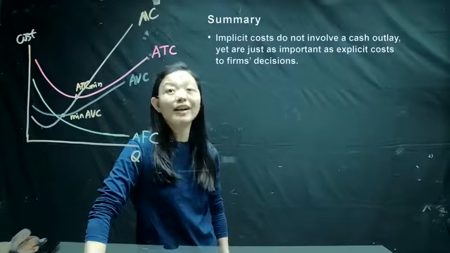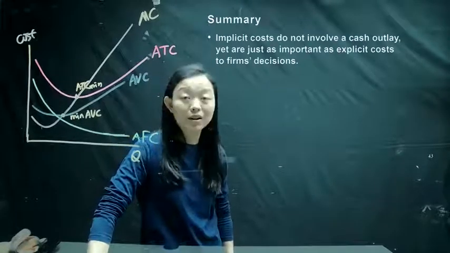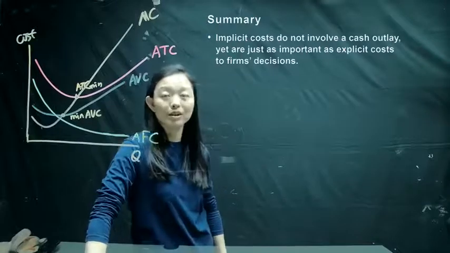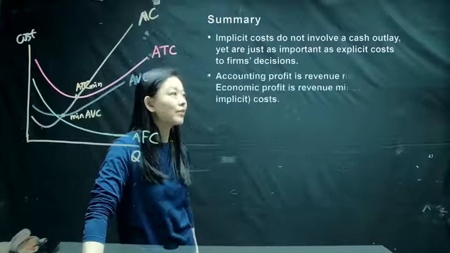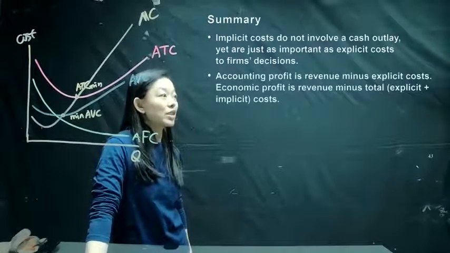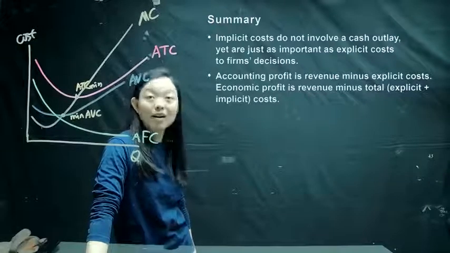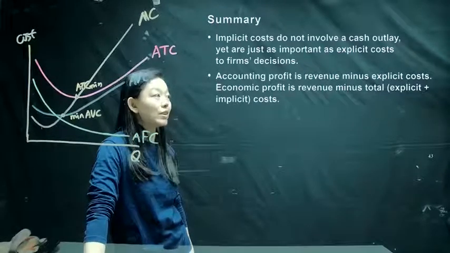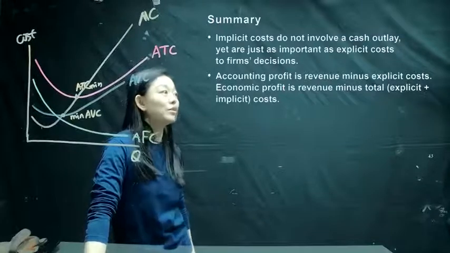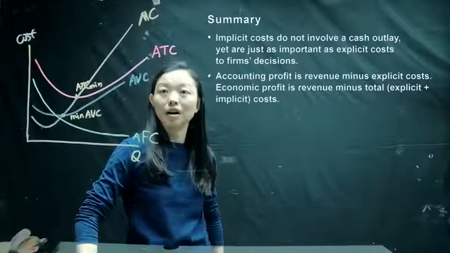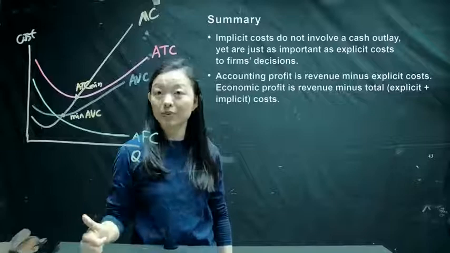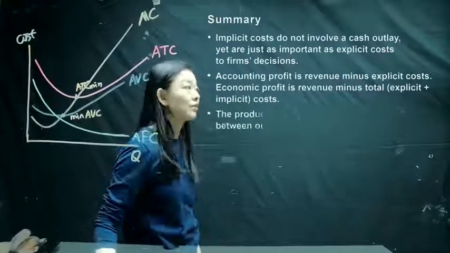The accountant will just tell you the accounting profit, but for yourself, you also need to learn about economic profit. Accounting profit is the revenue minus the explicit cost, and economic profit is the revenue minus all the costs, including explicit cost and implicit cost.